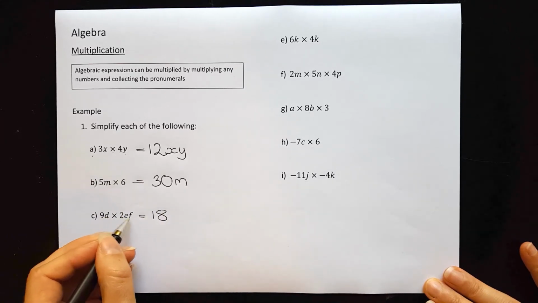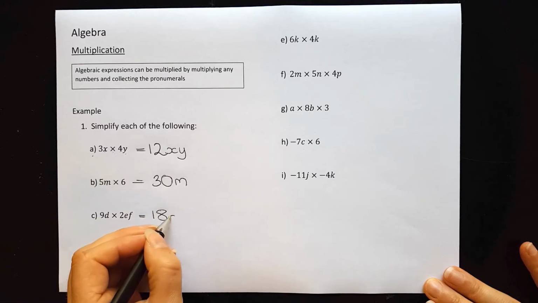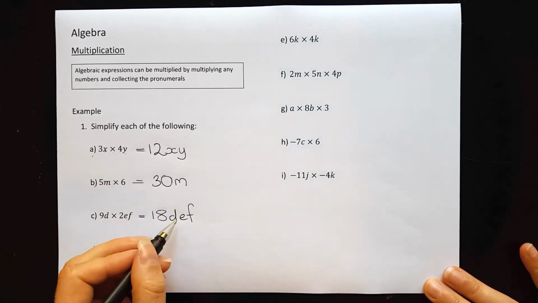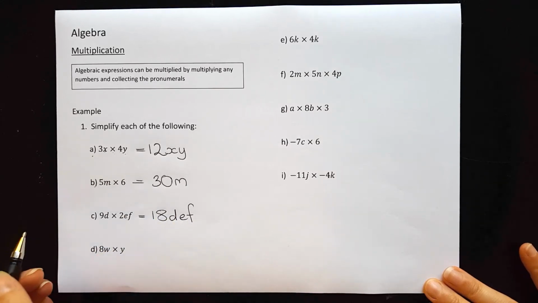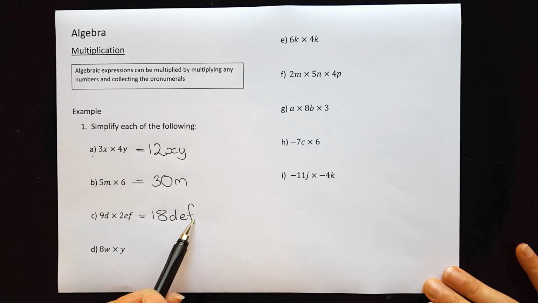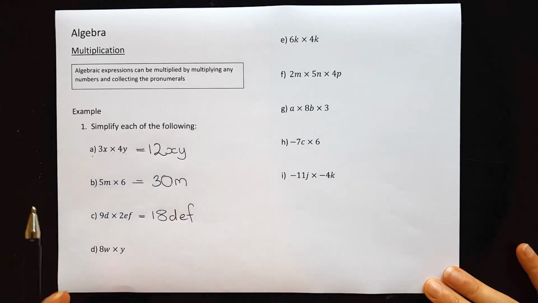And I have 3 letters here. I'm just going to put them all afterwards, D, E, F. It doesn't matter the order that you write those letters. You could go F, D, E, or E, D, F, whatever you want. Often we do tend to do them alphabetically. So I put these D, E, F, and this one up here, I went X, then Y. But it is actually correct, whatever order you put them in.